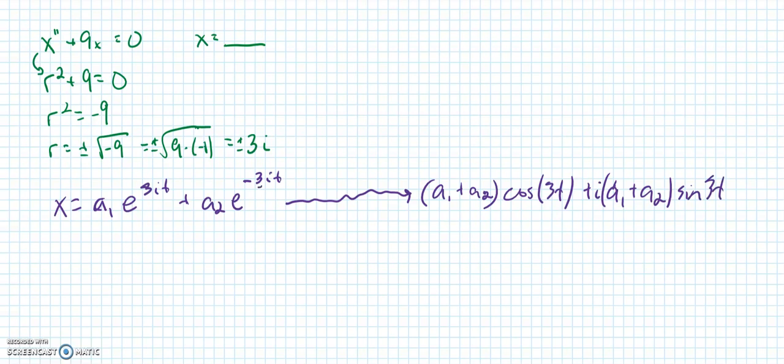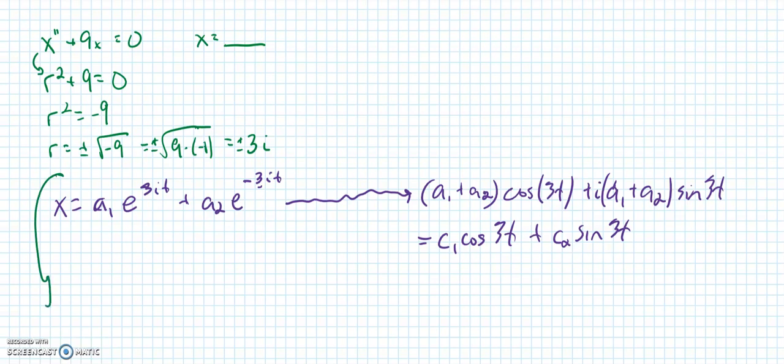Remember the 3 comes from these guys. And then you would just convert that to C1 cosine 3t plus C2 sine 3t with some conjugate pair magic is what I'll call it. So you don't have to do that in purple.